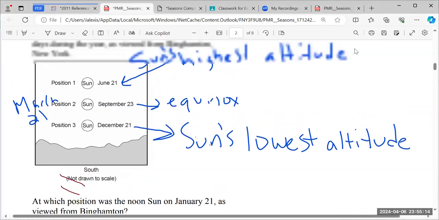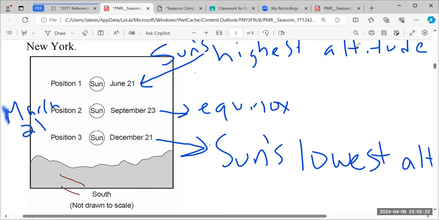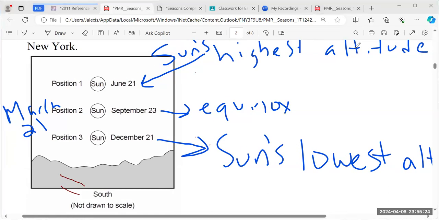Now I have to look at the cycle that takes place. If June is here at position 1, the sun will be here in July, then here in August, and then here in September.